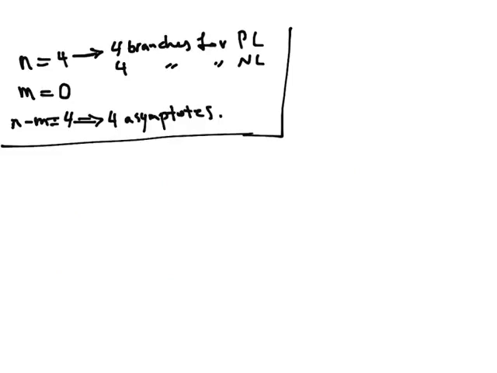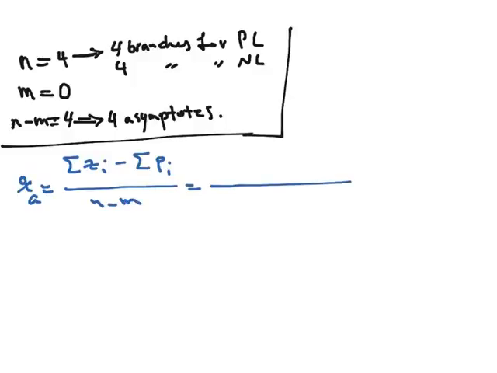Now we need to determine the behavior of the asymptotes. If you remember, we can calculate xa as the sum of zi's minus sum of pi's divided by n minus m. In this case we don't have any zero, so we will have 0 minus sum of poles divided by n minus m, which is 4 in this case.